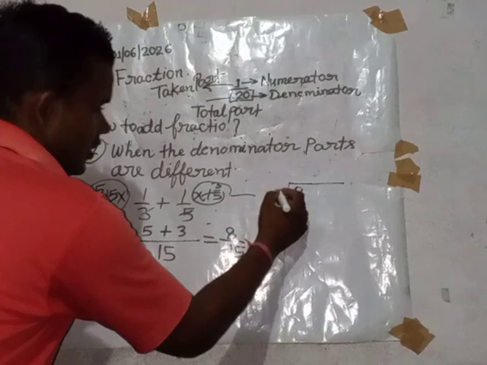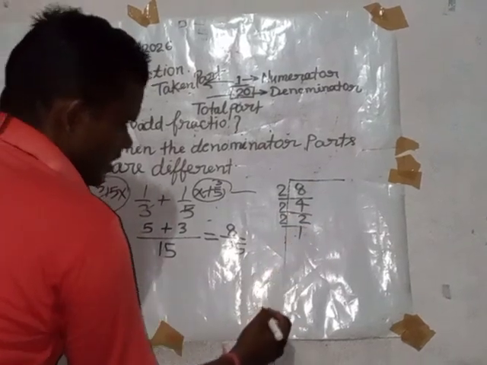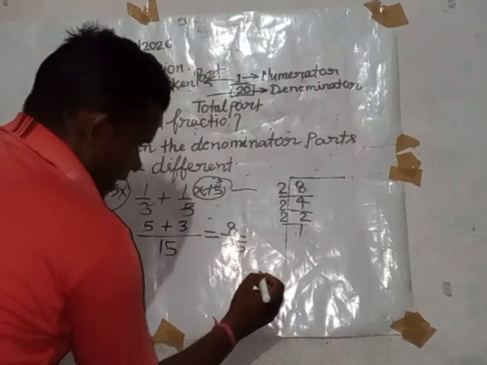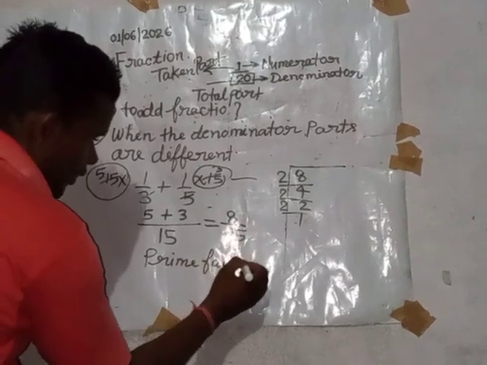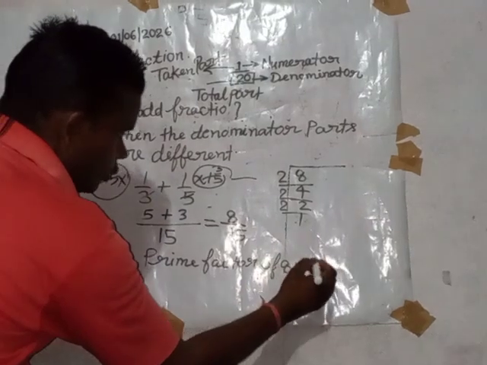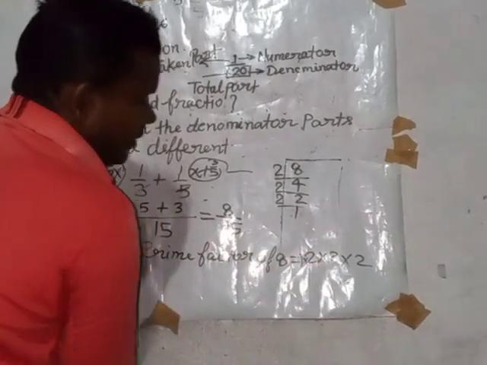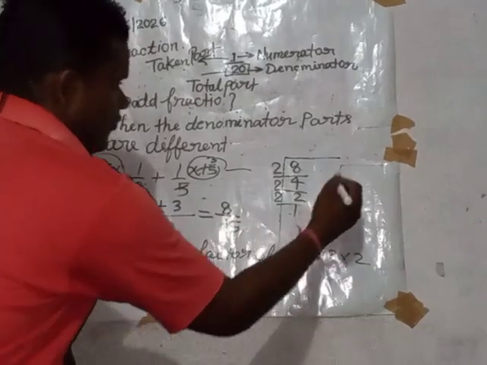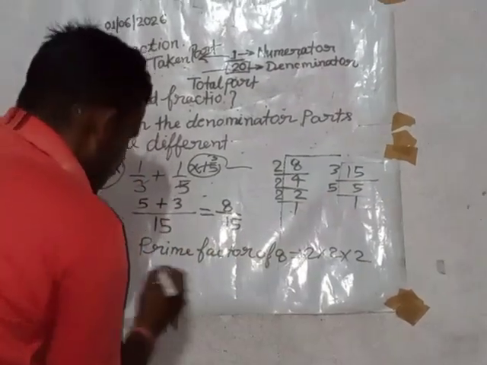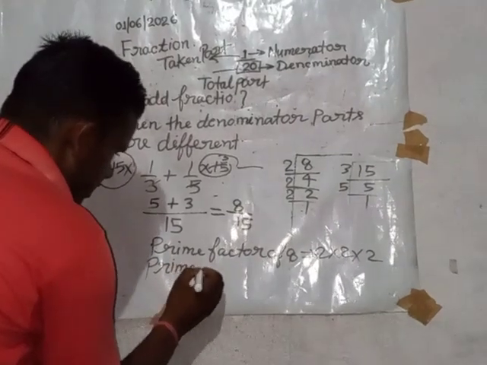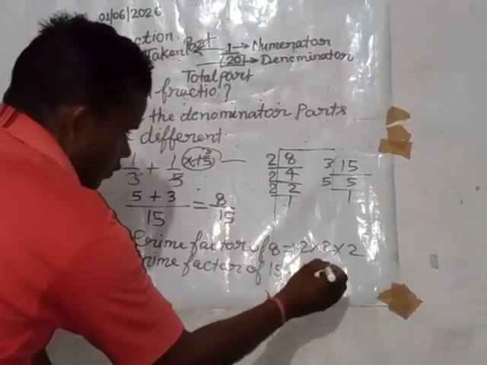The prime factor of 8 is 2 into 2 into 2, and the prime factor of 15 is 1 into 3 into 5.